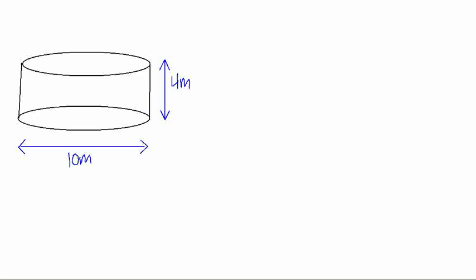So if the height of the cylinder was 4 meters and the diameter was 10 meters, could you use that information to do the following? Find the volume and surface area of the cylinder. So pause the video if you like and try to do that now.